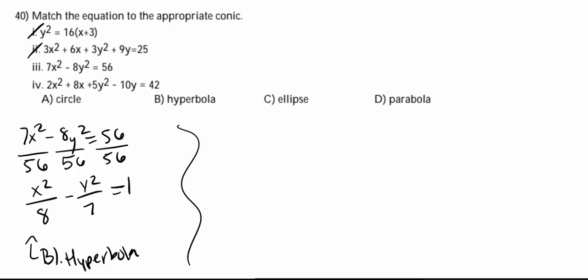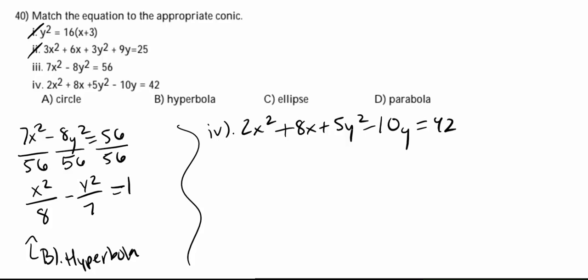Now, let's go ahead and do number 4. So we have 2x squared plus 8x plus 5y squared minus 10y equals 42. Now the first thing that we can do here is factor.